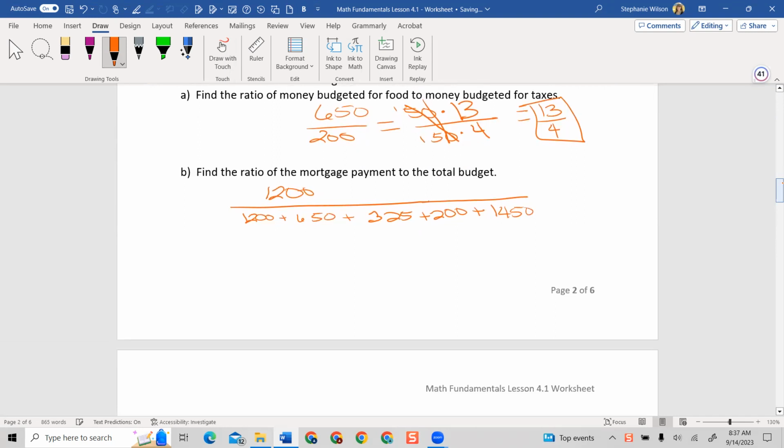So now let's add that up. So 1,200 plus 650 plus 325 plus 200 plus 1,450 gives me $3,825. Oh, and that's 1,200 over that. Now, when you go to add these up, I would just line them up. You can do two at a time if you want.